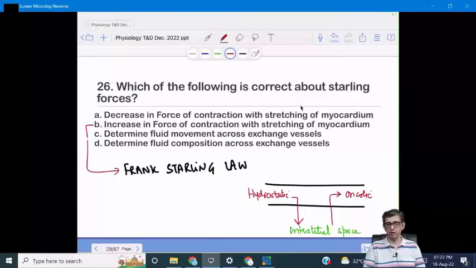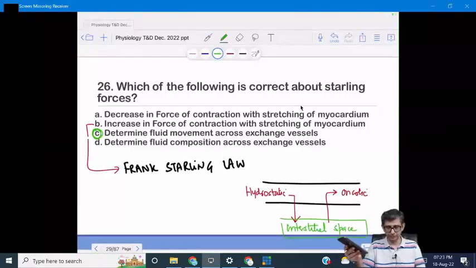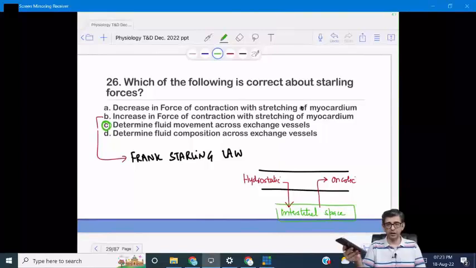So the difference between the two pressures is responsible for interstitial fluid presence, like pericardial fluid and pleural fluid for lubrication purposes. That fluid is formed and also keeps getting reabsorbed, and we call this Starling forces. Answer 26 is option number C. So the Frank Starling law and Starling forces terms are to be identified basically.